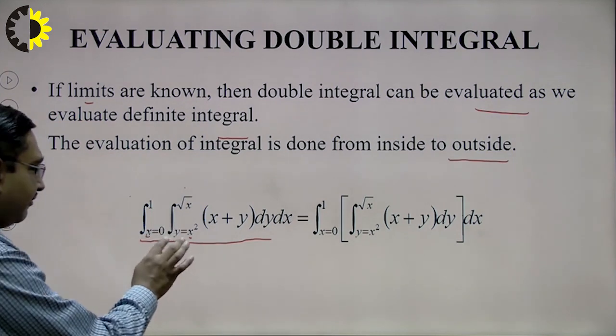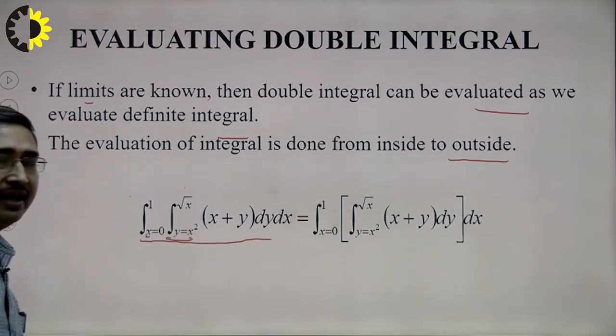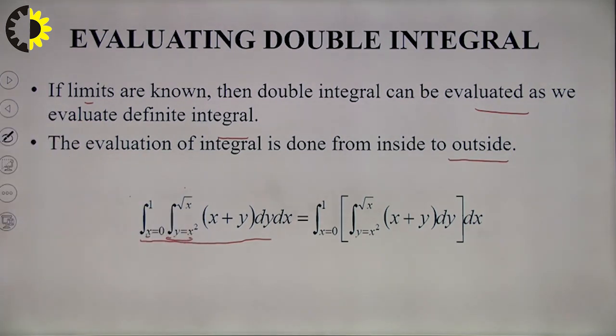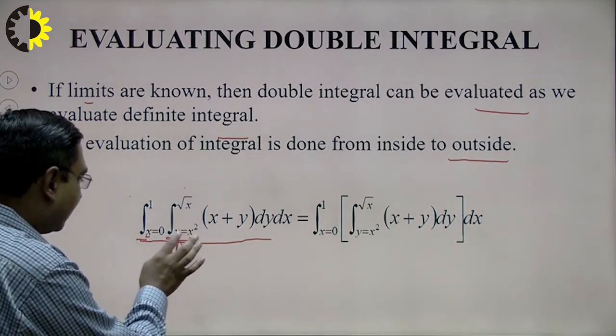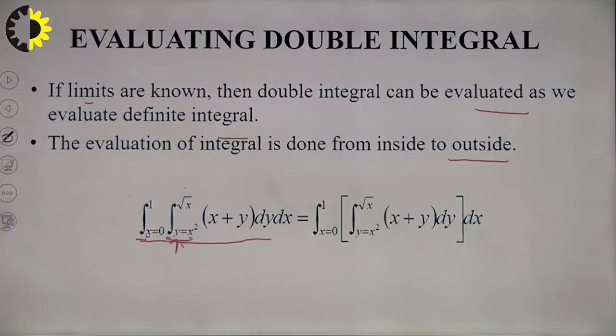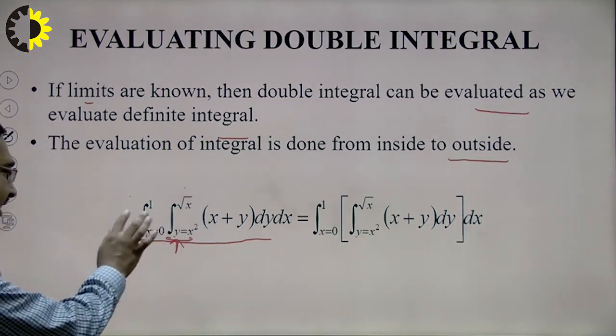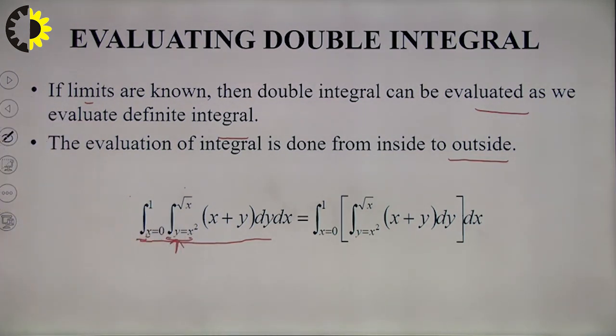In that case, we can see that the limits of y are occurring inside and the limits of x are occurring outside. Therefore, we shall evaluate the integral first with respect to y, the limits which are occurring inside. Then we shall evaluate the integral with respect to x.